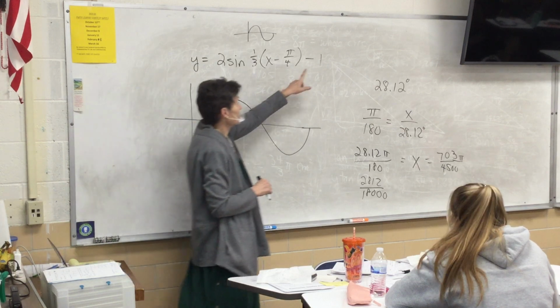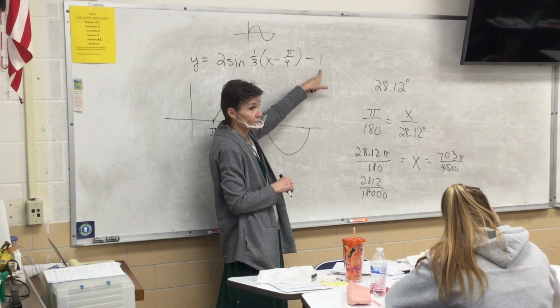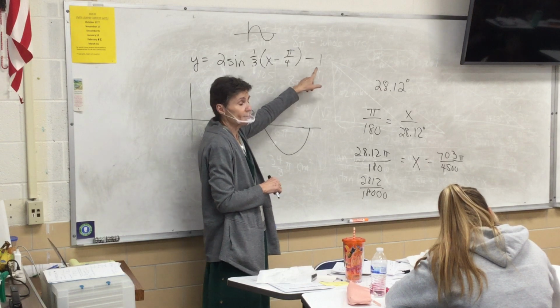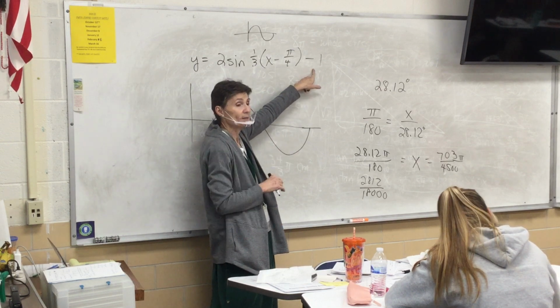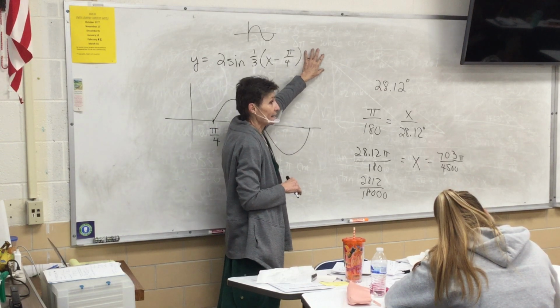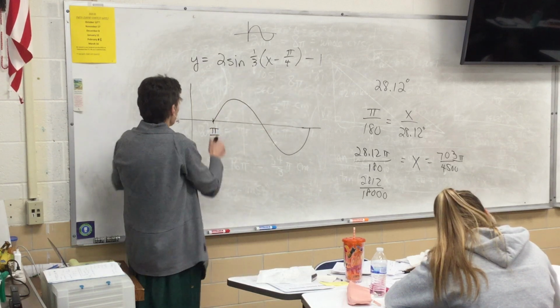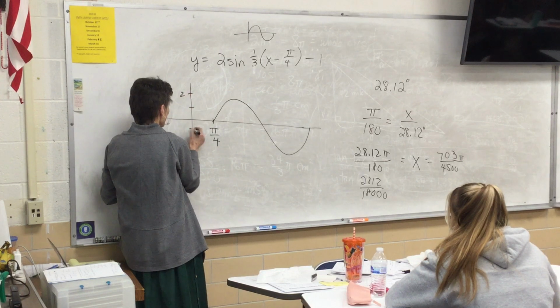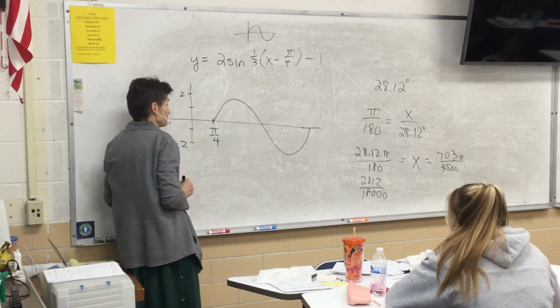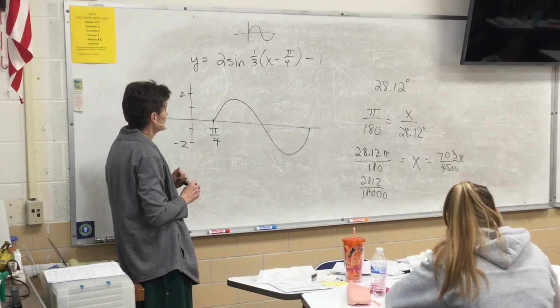Now, I'm going to take care of the other part later. I can't handle too much at once. I'm 63 years old, so I got to do it step by step. I'm doing this part first. My amplitude is 2, so I'm going to mark that on here.